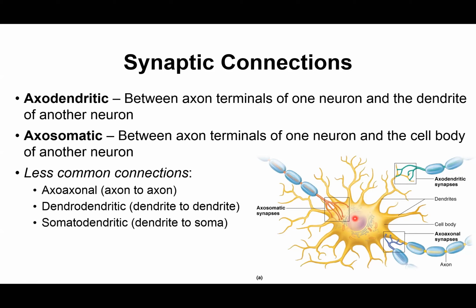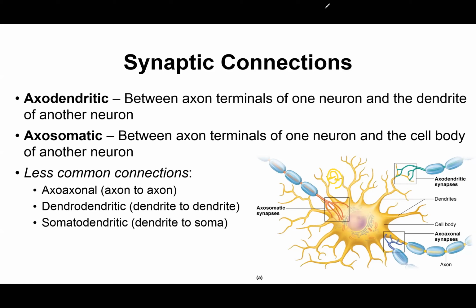Some less common connections that might happen are axoaxonal connections. Those would go from, say, this axon terminal directly connecting to this orange axon terminal. That would be axoaxonal. Dendrodendritic is going to be a connection from, let's pretend that this dendrite comes out here and decides to touch that one, and there's some kind of connection right there.